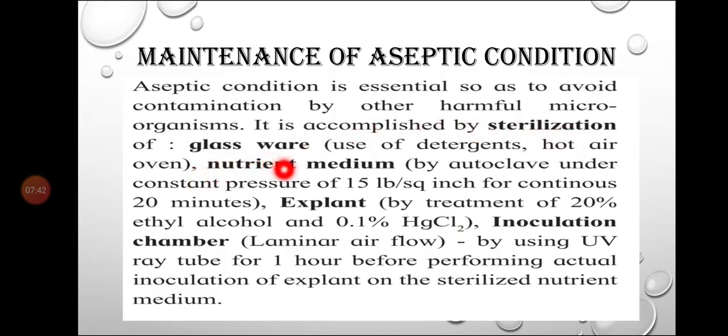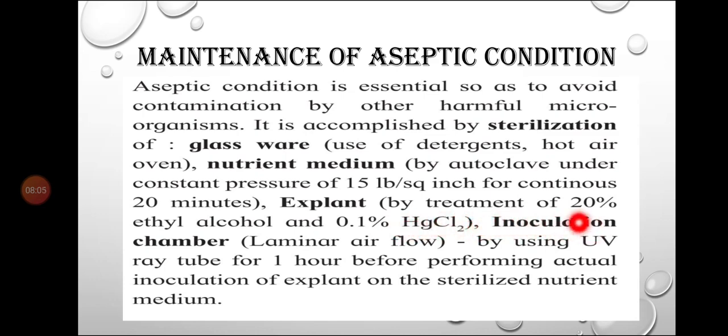Then we need to sterilize the nutrient medium by autoclave under a constant pressure of 15 lb per square inch for a continuous 20 minutes. Then we need to treat the explant with 20% ethyl alcohol and 0.1% HgCl2.